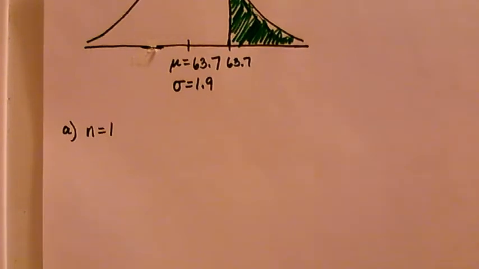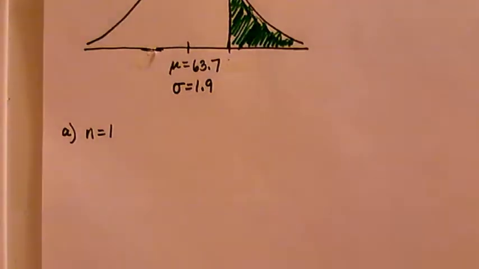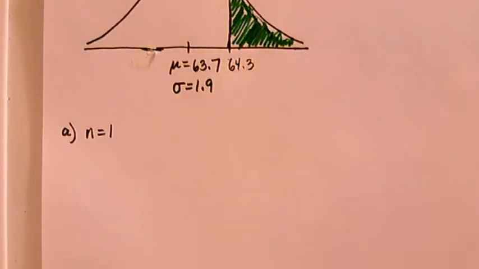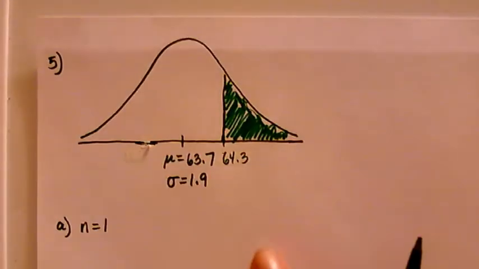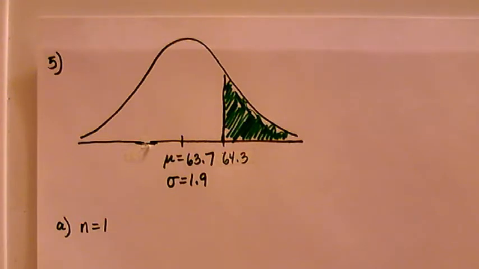Wait a minute, I'm sorry, I made a mistake here. So 64.3 is to the right of 63.7. And that's the shaded area to the right that we're looking for.